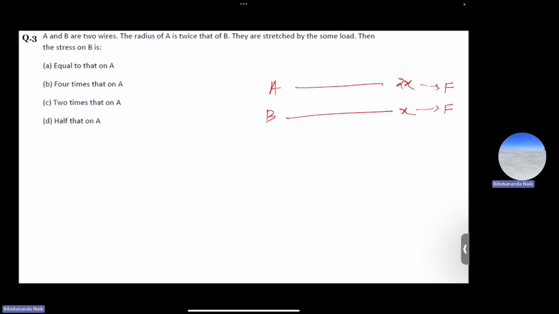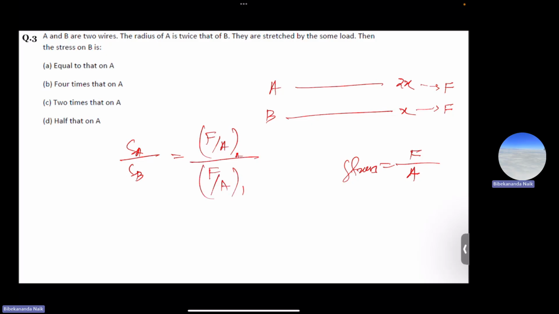So let's solve this one. It is pretty much simpler than the previous one. So stress A by stress B. We know stress is given by force per unit area. So it is F by A for A, F by A for B. Since they are stressed by the same load, FA equals FB.